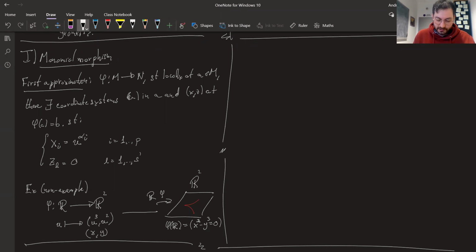What I did is I'm saying this is the first approximation, so maybe it should be a little bit more specific if there's doubt. So we fix some coordinate system at a point A and some coordinate systems at the image.